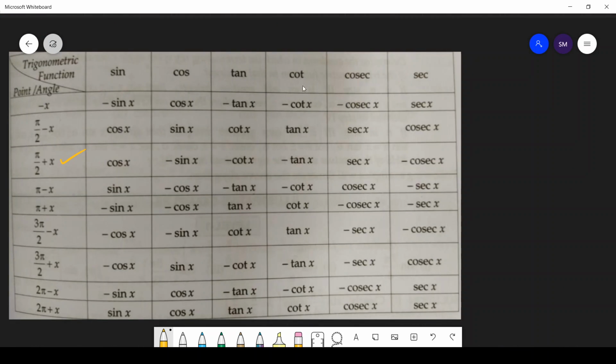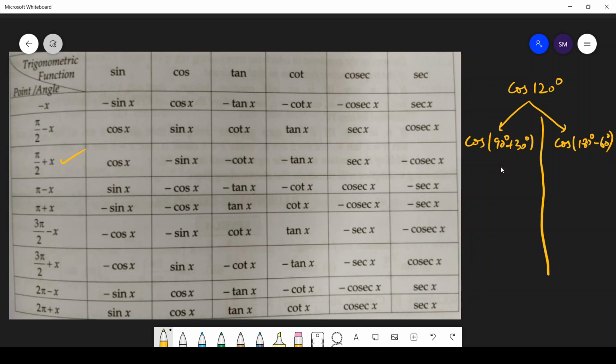Now you can find, suppose, cos 120 degree. How to solve it? There are 2 ways. You can write 120 in terms of 90 also, and you can write 120 in terms of 180 also, since 180 minus 60 is 120. So you have 2 ways. That's your choice. You will get the same answer.